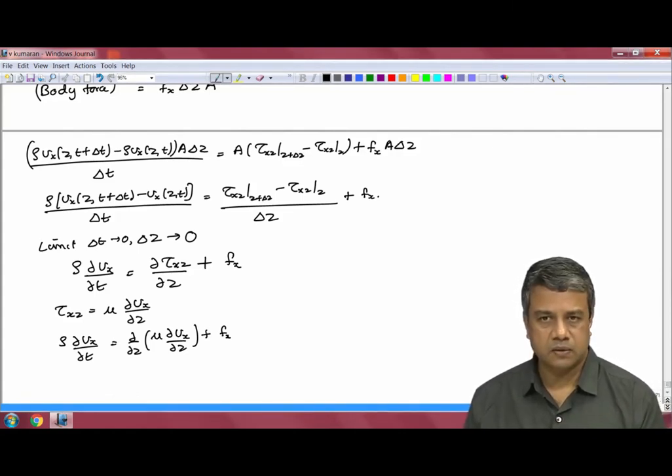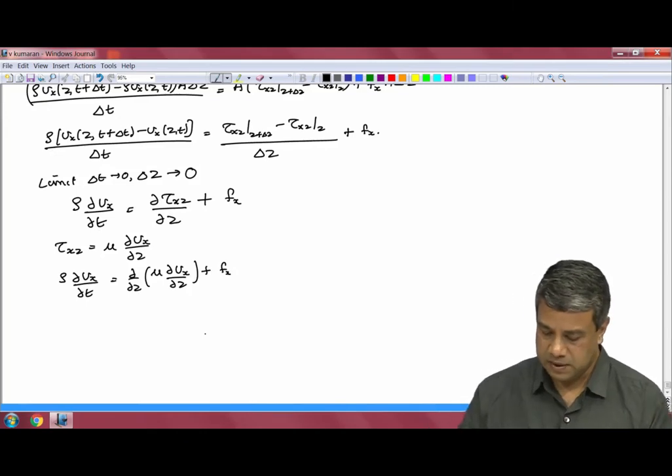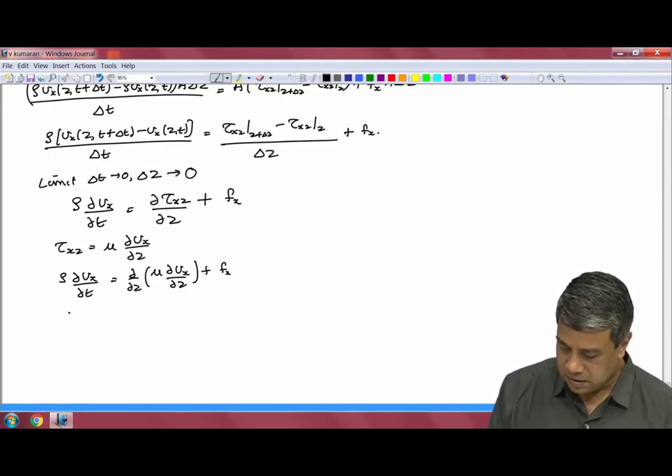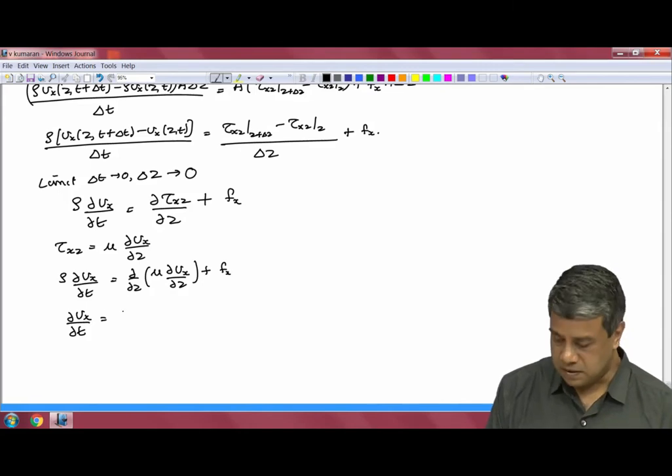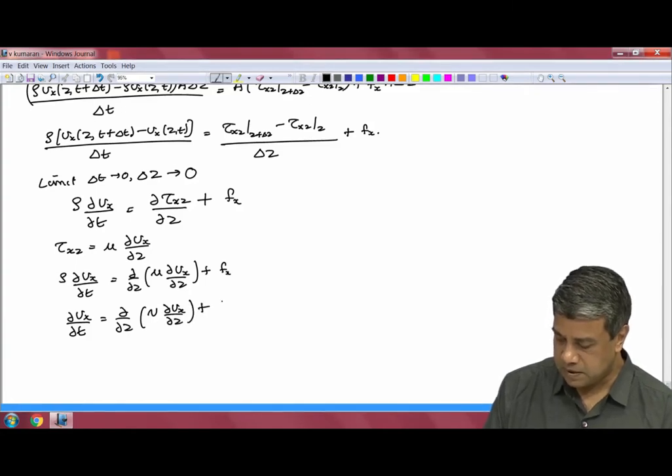Since we are considering incompressible flows here, I can divide throughout by density, and I will get partial Vx by partial t. If density is a constant, d by dz of the kinematic viscosity times partial Vx by partial z, plus Fx by rho.